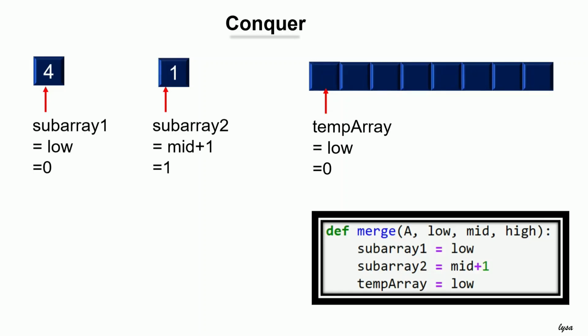This temporary array is used to sort and write the sorted elements in the intermediate stages. In the temporary array, the first position where I'm trying to write the value is position 0. So now 4 is at index 0 and 1 is at index 1. The temporary array will now sort and write the values in indices 0 and 1.